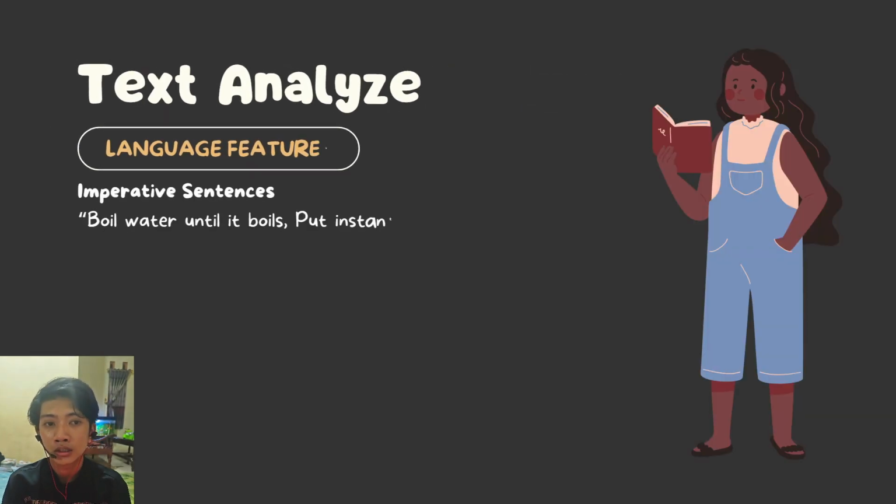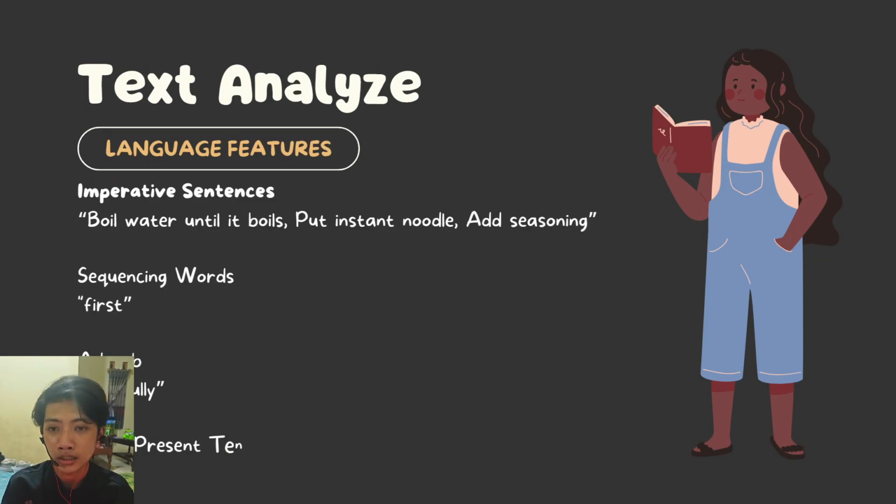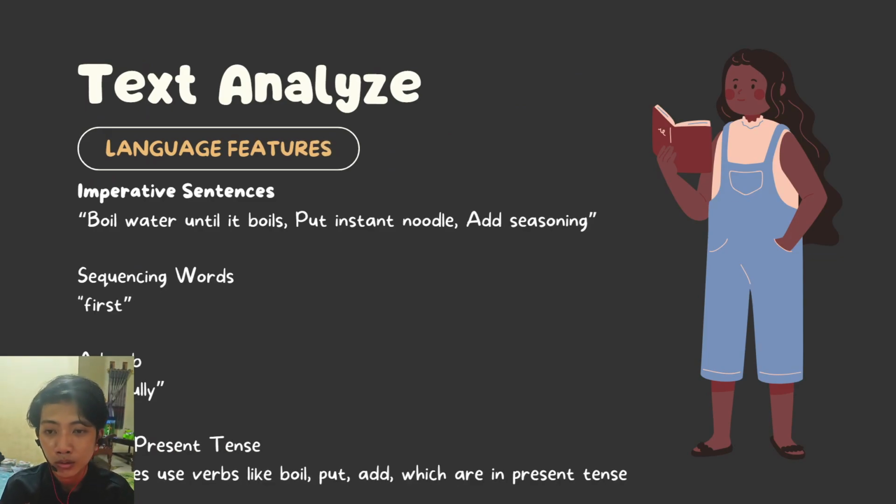Okay, now the next step of analyzing the text is the language features. So the language features used in this procedure text are, the first one, imperative sentences: boil water until it boils, add seasoning. It's clearly in my text.